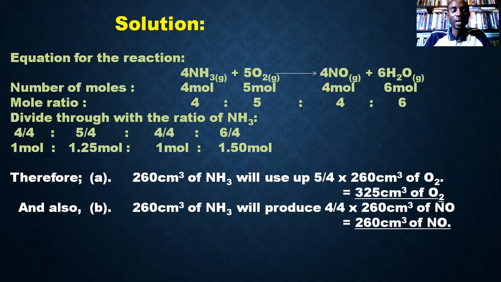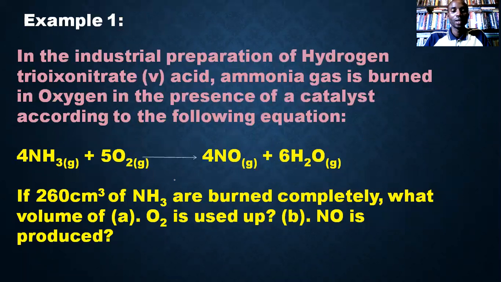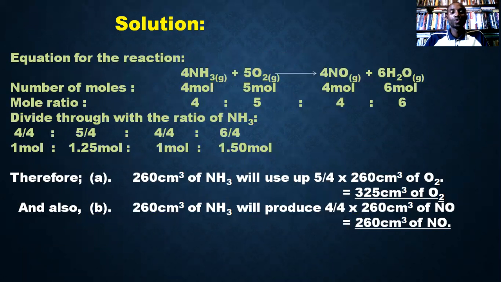Therefore, the first question says the volume of oxygen used up. 260 cm cube of ammonia, we use up 5/4 times 260 cm cube of oxygen. 5/4 is what we divided, 5 divided by 4, the volume of ammonia. You have this.